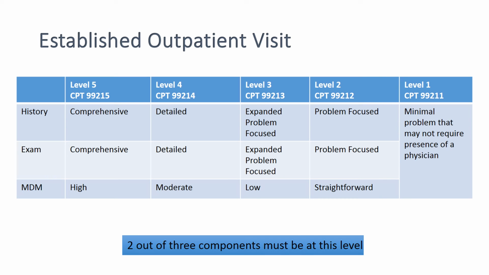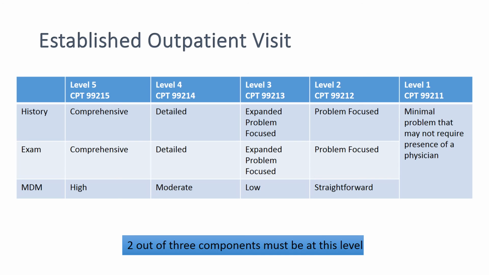For established outpatient visits, it's a little different, where you have to meet 2 of the 3 components at this level, meaning history, exam, or medical decision-making. So for a level 4 outpatient visit, you could document a detailed history and a detailed exam and have low medical decision-making and still qualify for the level 4 established outpatient visit.